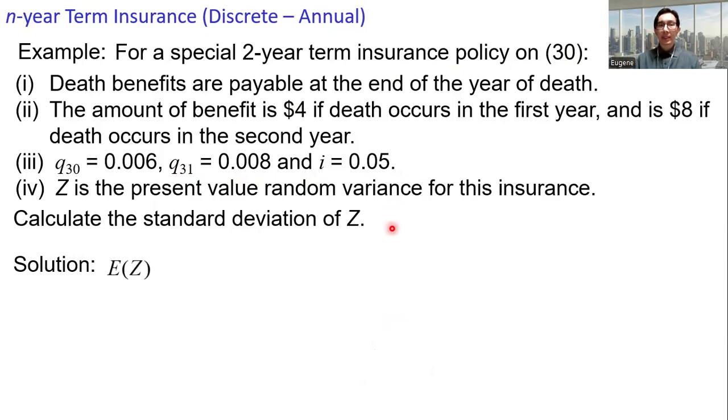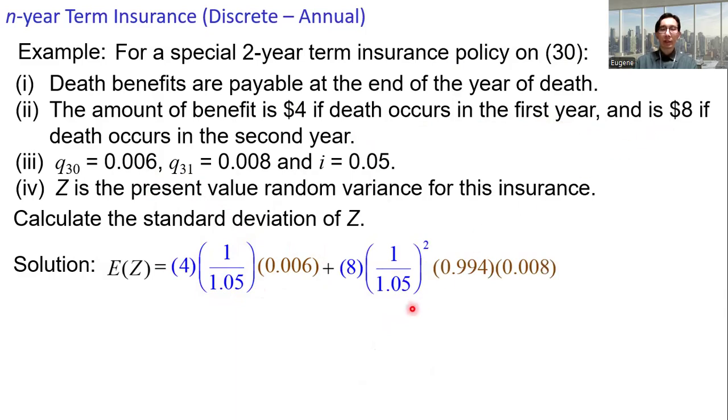First, we get the expected value of Z. If death occurs in the first year, the death benefit is 4, multiplied by the present value factor, 1 over 1 plus i, where i is 0.05, and then times the probability q_30, 0.006. The second term, the death benefit is $8.